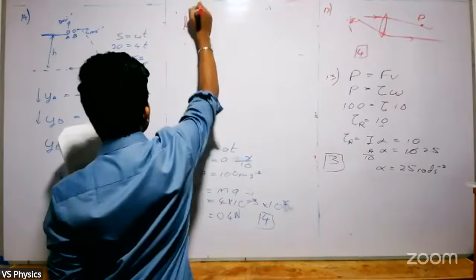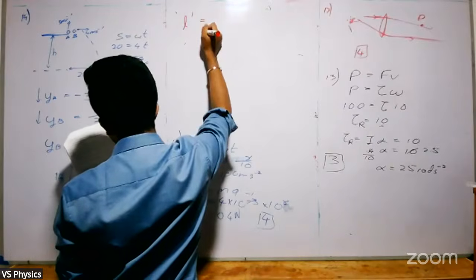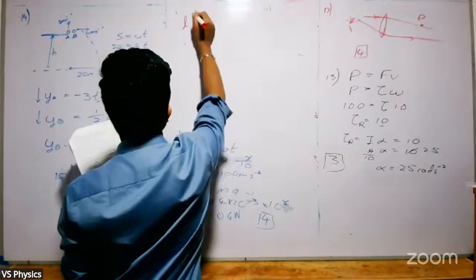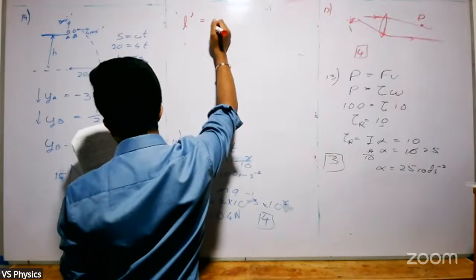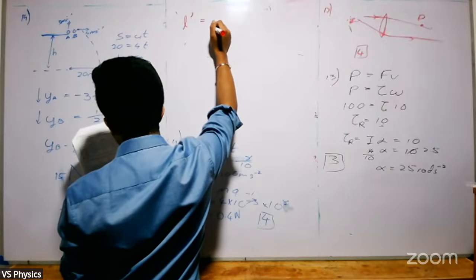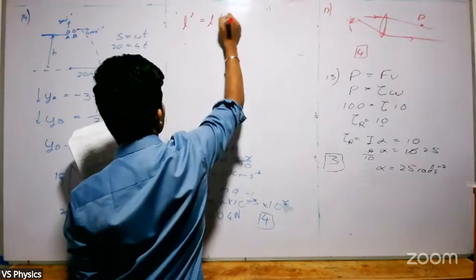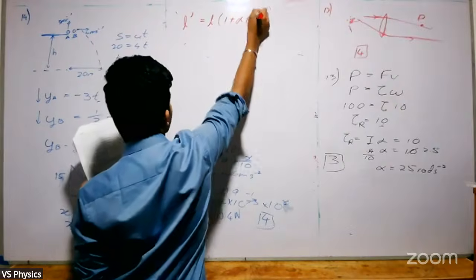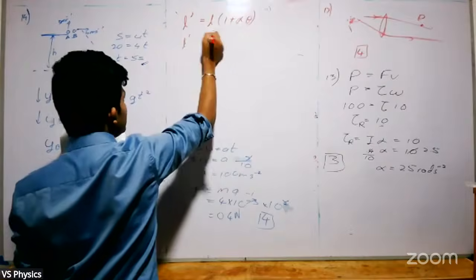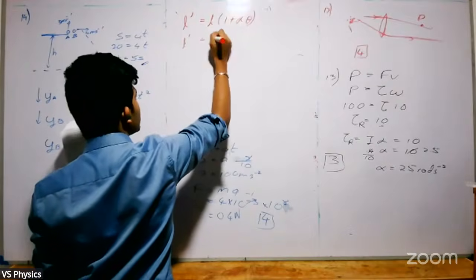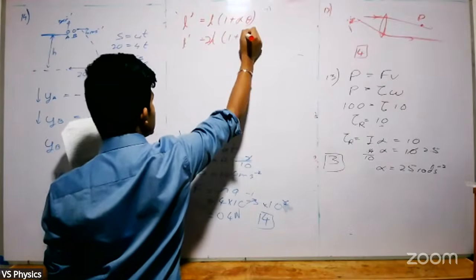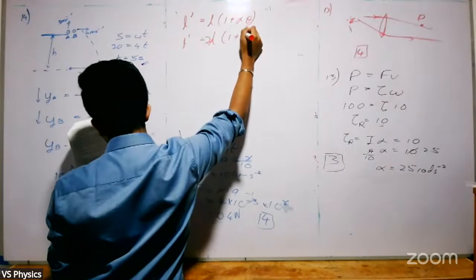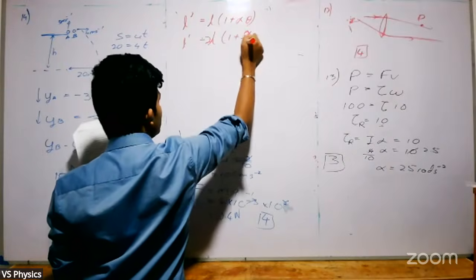Our final length is L dash. For our first equation, we will get L1 plus alpha theta. For our second equation, we will get 2L1 plus alpha divided by 3 times theta.